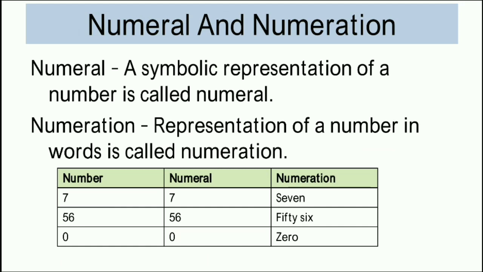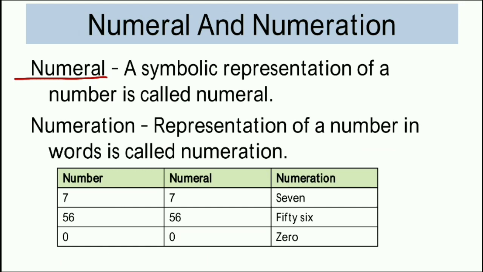Now numeral. What is a numeral? Actually, the symbolic representation of a number is called a numeral. We know that numbers are written using symbols. There are 10 symbols in the Hindu Arabic numerals that we have already studied in the first chapter. If you have not watched that first chapter, number system, then watch it.